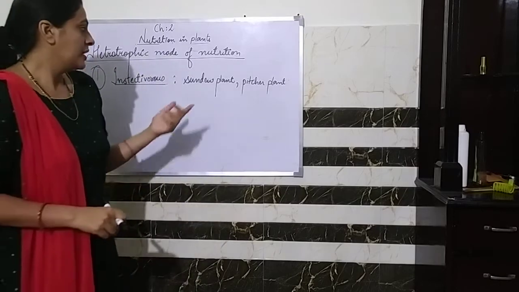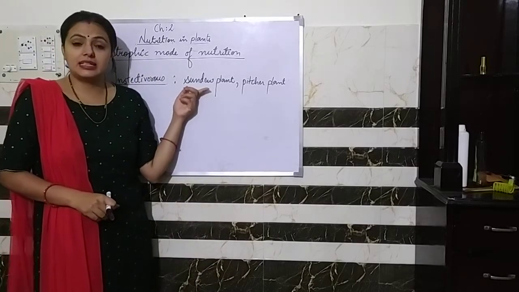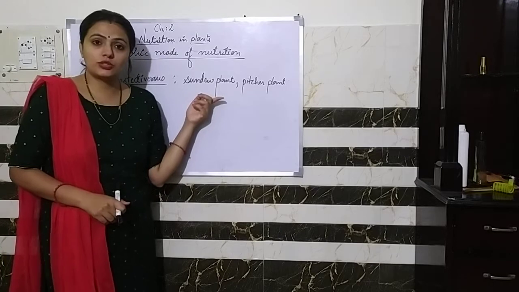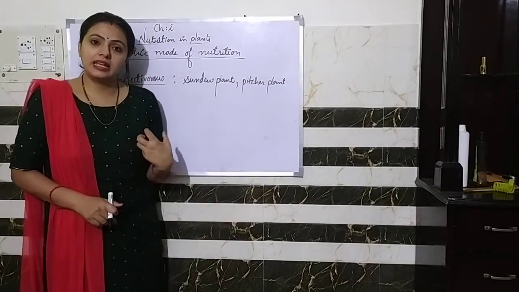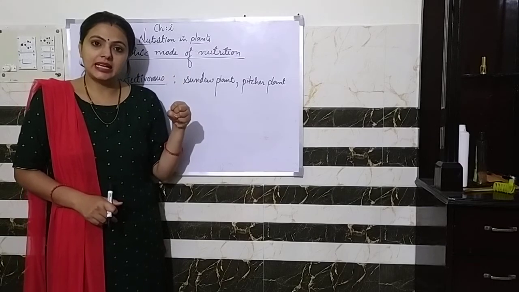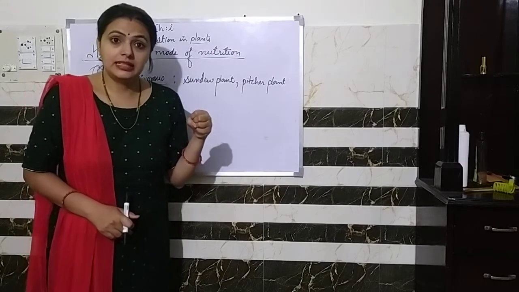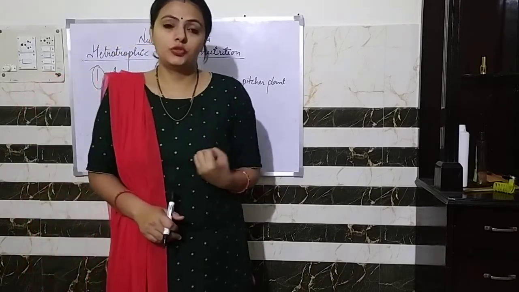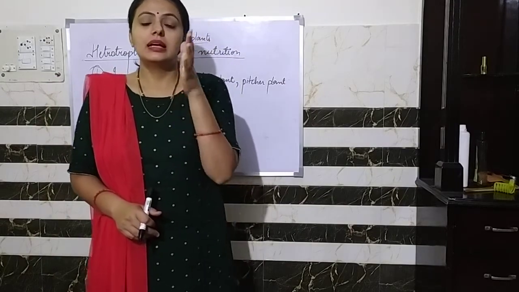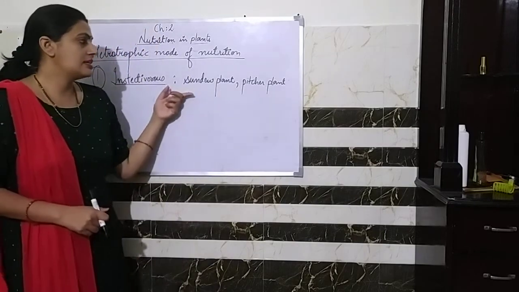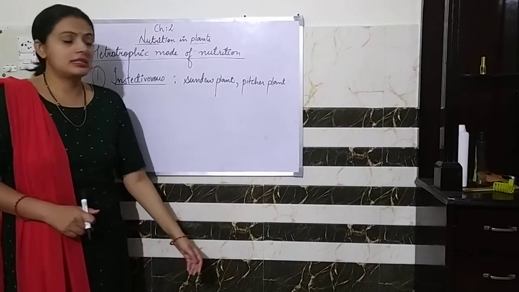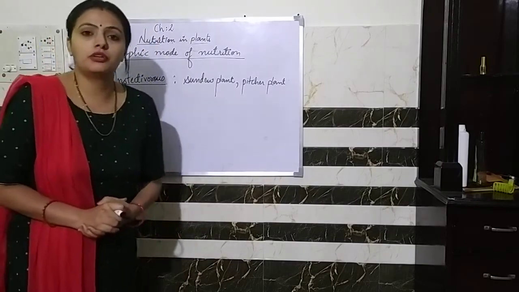Basically what they do, they attract the insects. ये insects को attract करते हैं, and when the insects sit on it, they trap the insects and take the nutrients from it. जो भी nutrients उस particular insect के अंदर थे, they will gain those nutrients. So this is all about the insectivorous mode of nutrition.